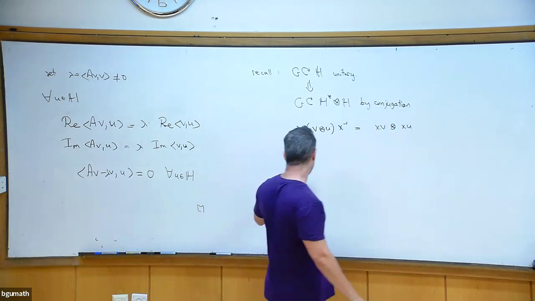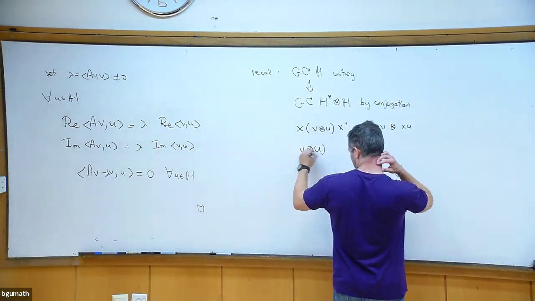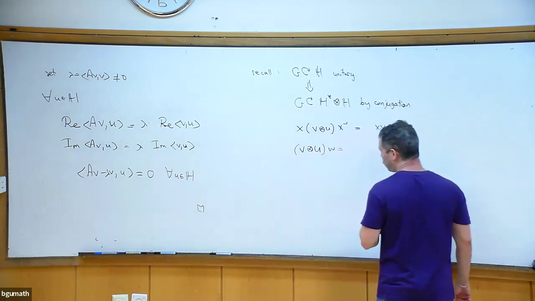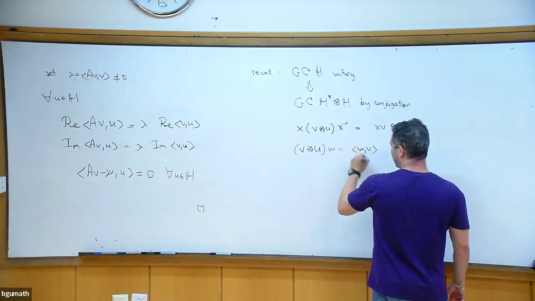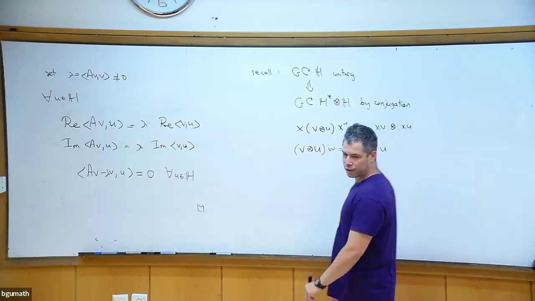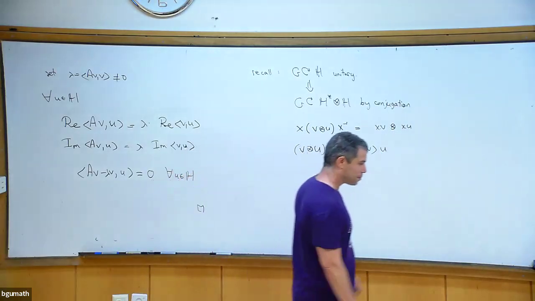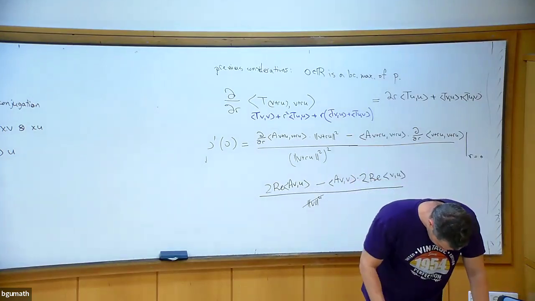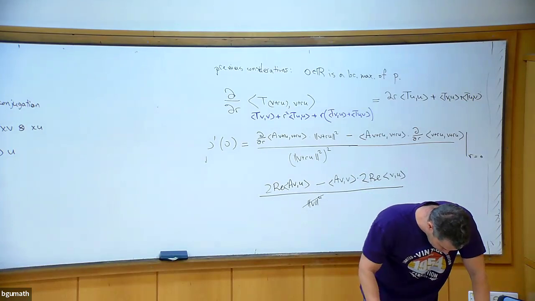And I'm reminding you that V tensor U acts on W by the bracket, so it's <W,V> U. And so that's how the operator is defined.